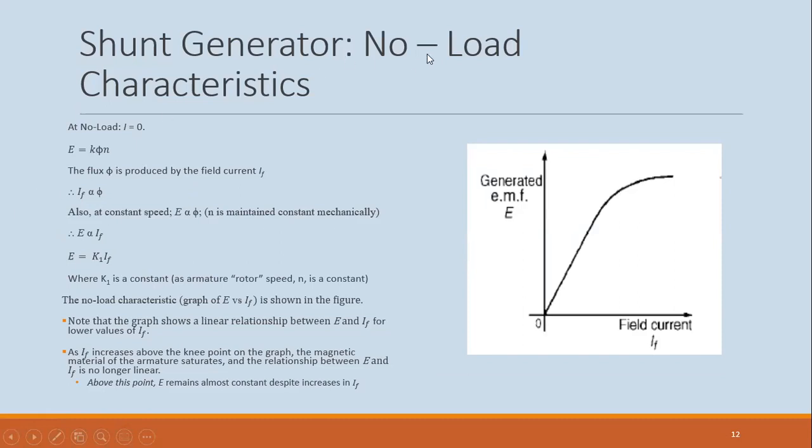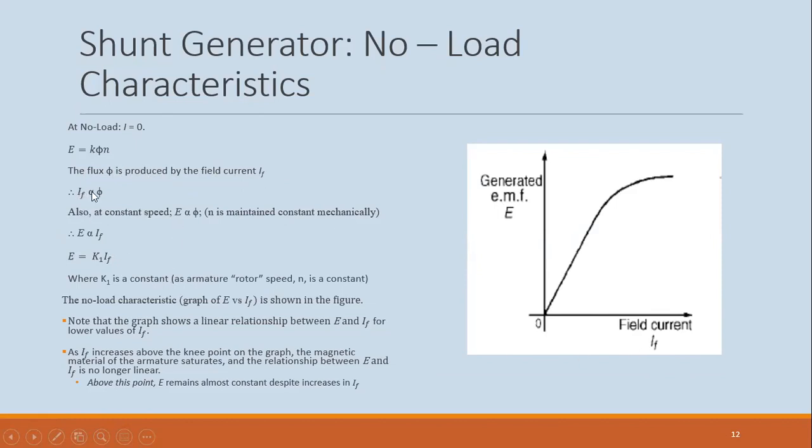And so we're looking at the no load characteristics. E is equal to K phi N, and flux is produced by the field current. So we're going to be plotting the generated EMF versus the field current.